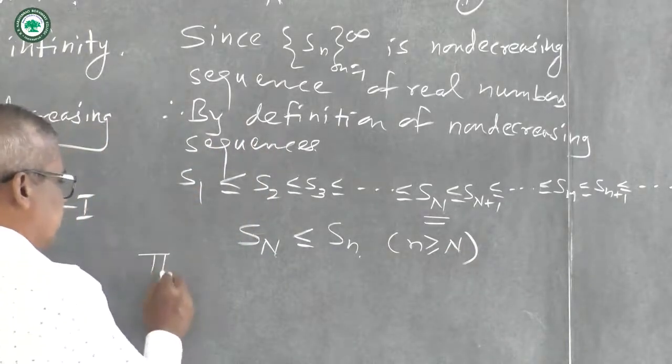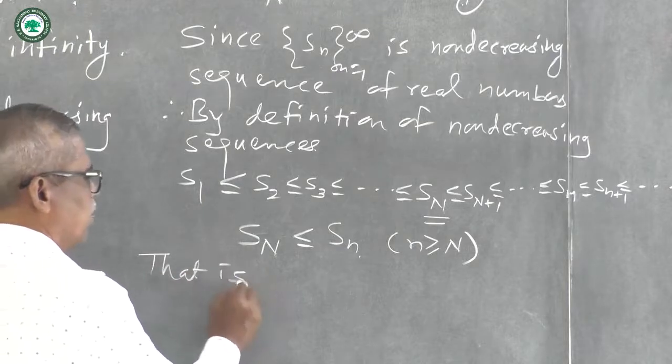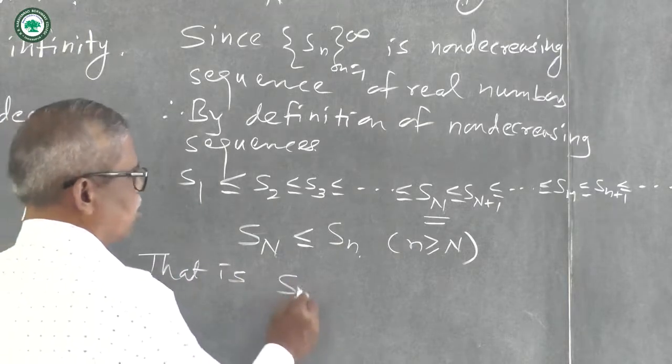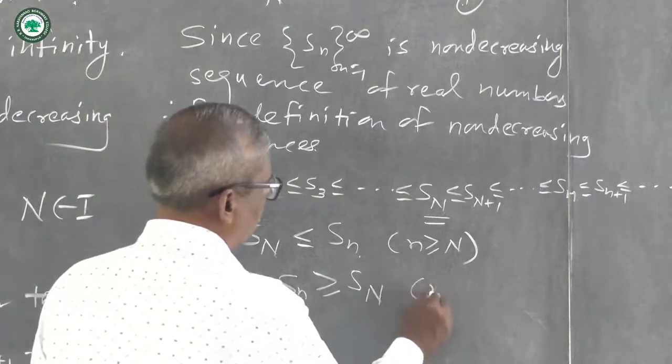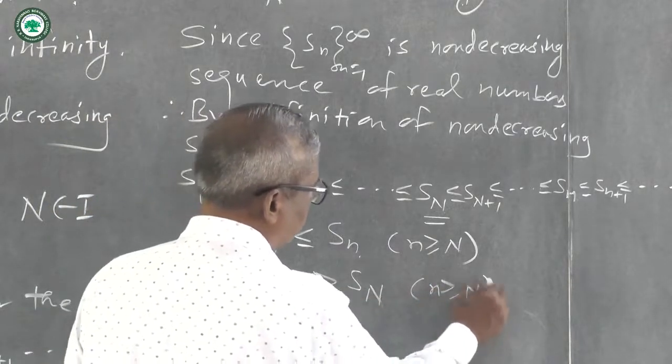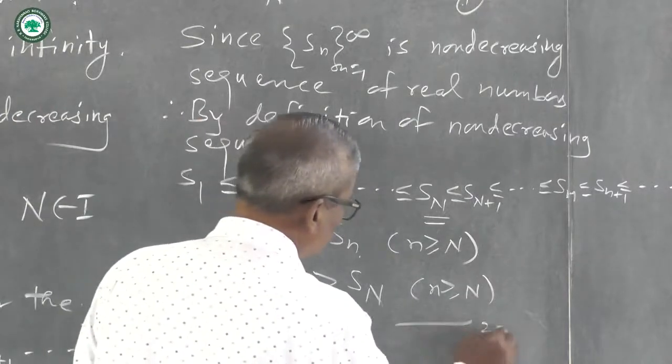That is, S suffix small n is greater than or equal to S suffix capital N for all small n greater than or equal to capital N. This is relation 2.